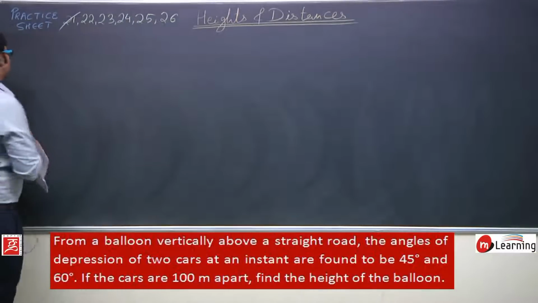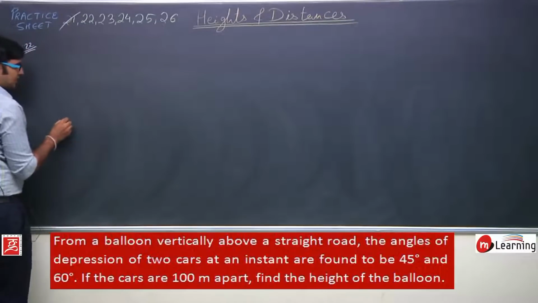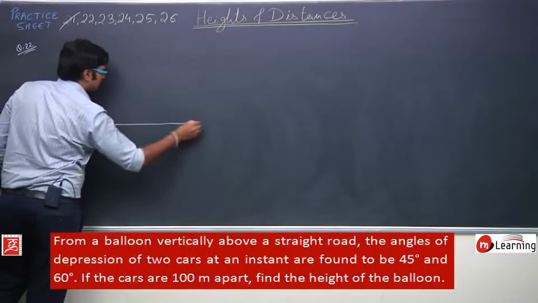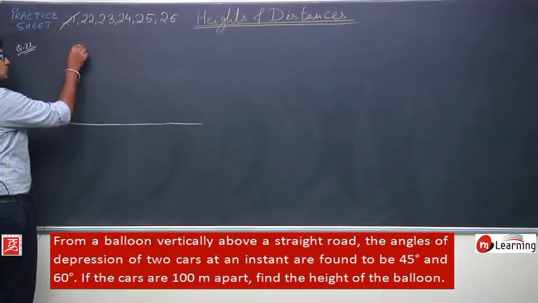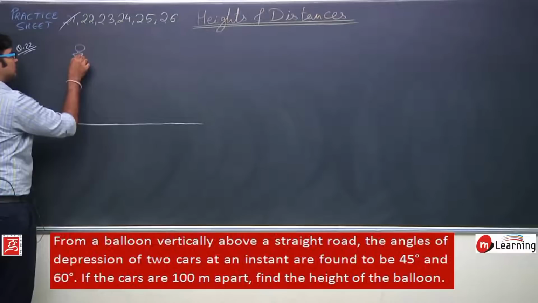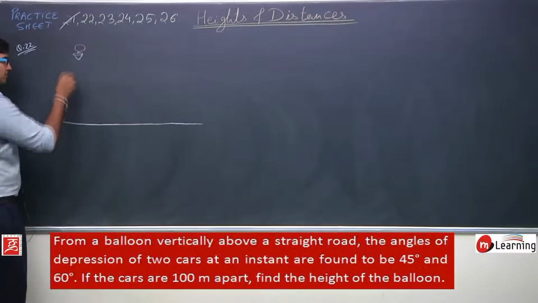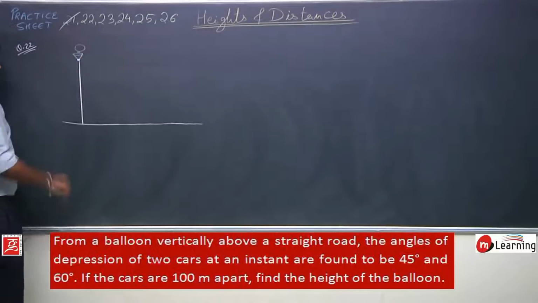So let us draw the diagram. Question number 22. Let us say this is a straight road, and just above this straight road there is a balloon, an air balloon, like this, and this is, let us say, the height of the balloon.